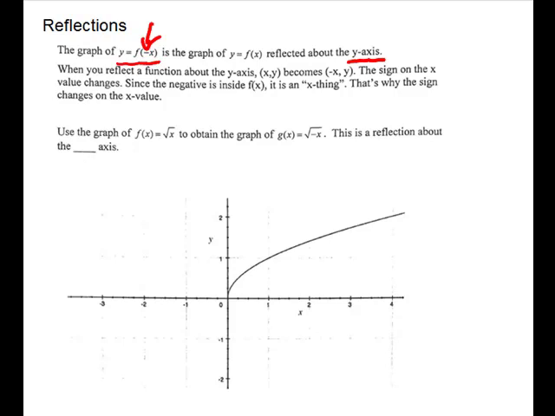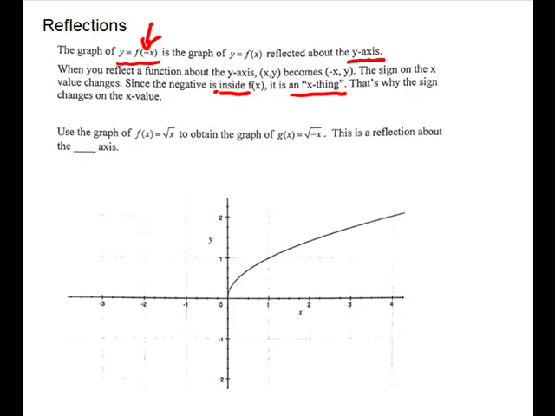When you reflect a function about the y-axis, your (x, y) becomes (negative x, y). The sign on the x value changes. Since the negative is inside, it is an x thing. That's why the sign changes on the x value.